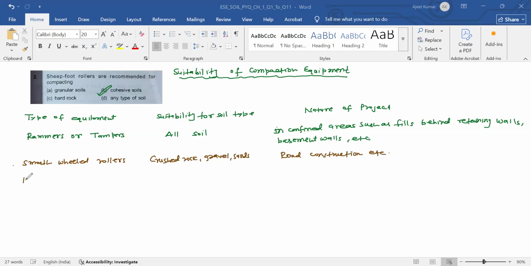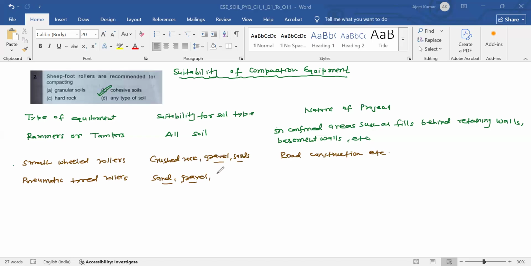Okay. The next type of equipment is pneumatic tired roller. And the suitability for soil type is sand, gravel, this is common.